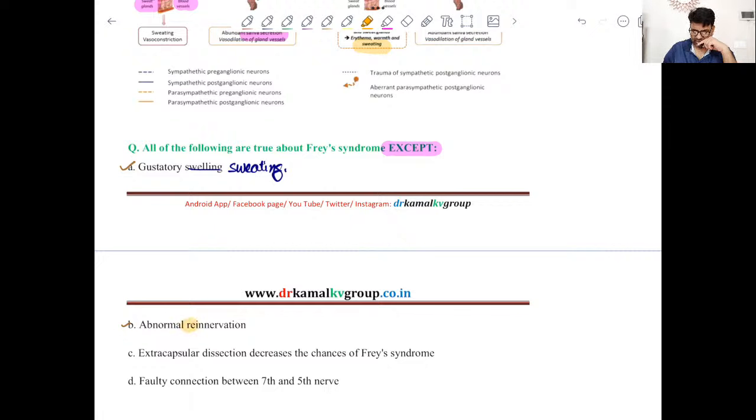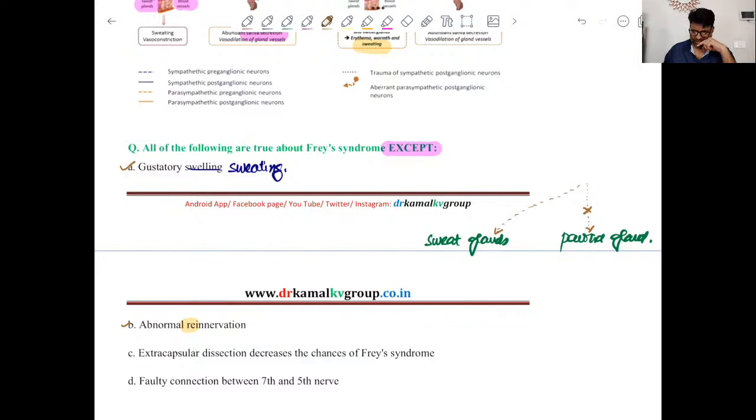So the word is re-innervation, and because there are two structures, one is sweat glands and another is parotid gland, the re-innervation should have been here, but this is not the case. The re-innervation has misdirected. So abnormal re-innervation, that is true.